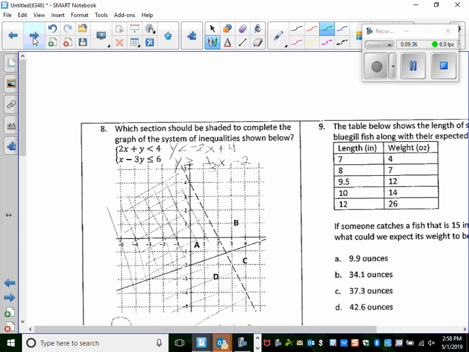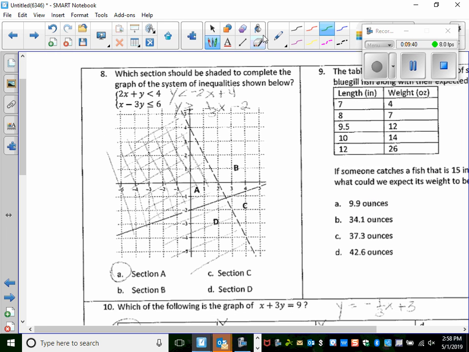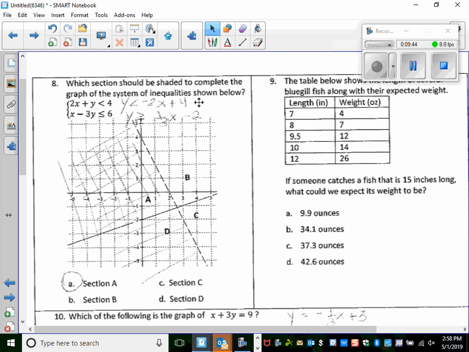Okay. All right, now this one, and you will have graph paper, so you have to graph this so you can get a good visual. It says which section should be shaded to complete the graph of the system, because there's more than one system of inequalities. So what I did was first, please write up here, first solve for y.